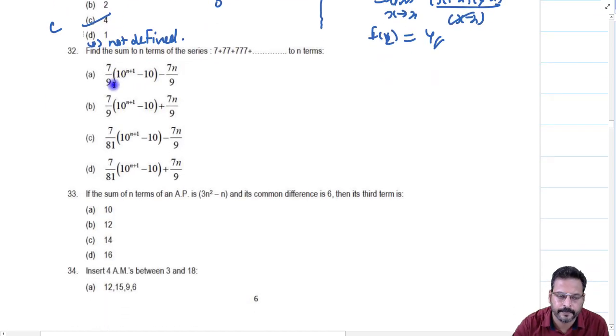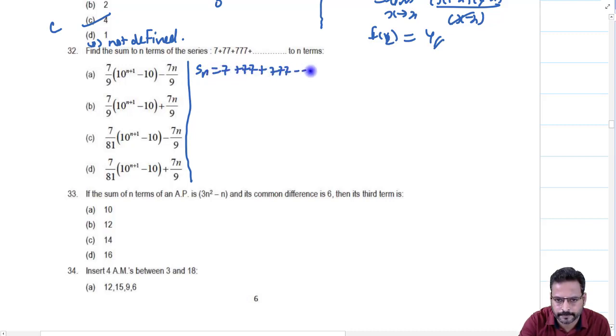Then next question. Find the sum of n terms of the series. Sn is equal to 7 plus 77 plus 777 plus n terms.